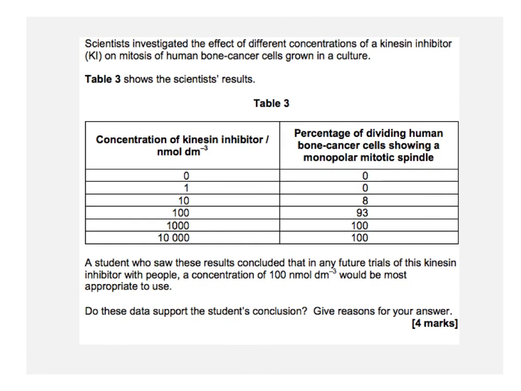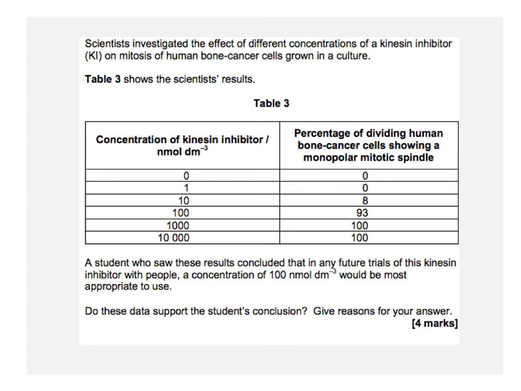Scientists investigated the effect of different concentrations of a kinesin inhibitor, Ki, on mitosis of human bone cancer cells grown in a culture. Table 3 shows the scientists' results. So we've got concentration of kinesin inhibitor in nanomoles per dm cubed on the left-hand side and percentage of dividing human bone cancer cells showing a monopolar mitotic spindle on the right-hand side.